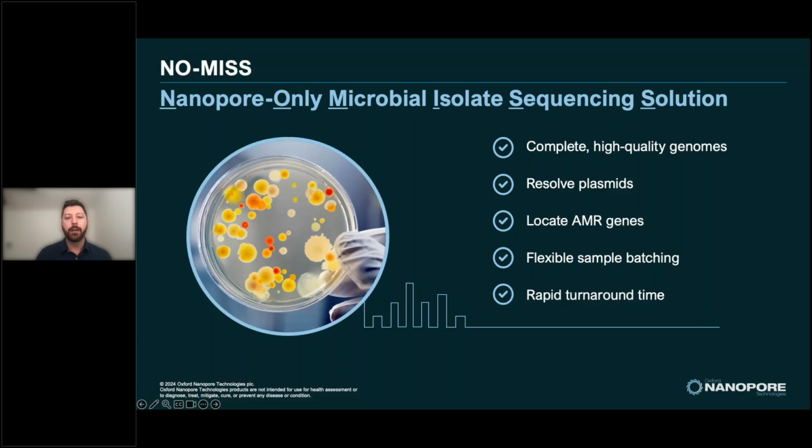So again, what we try to offer is the ability to generate very complete and high-quality microbial genomes, and not just that, the ability to resolve their mobile genetic elements such as plasmids, locate where antimicrobial genes could be located, and again, a system that's very flexible. So you don't need a very high throughput laboratory. This can also be used in low to medium throughput labs as well, depending on how many samples and throughput you have.